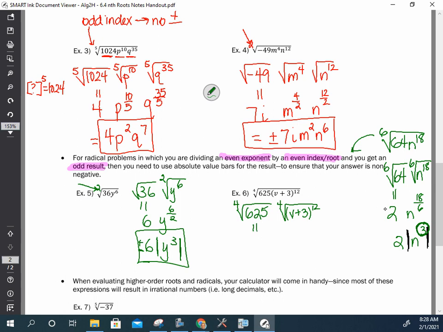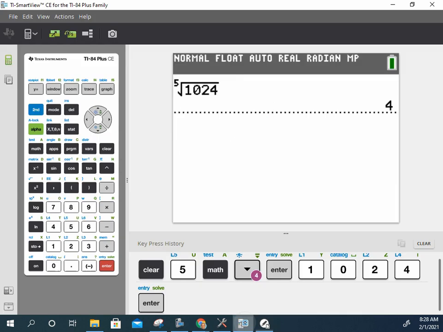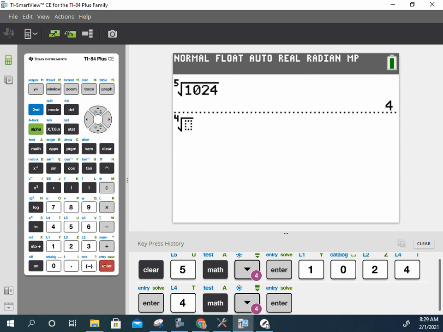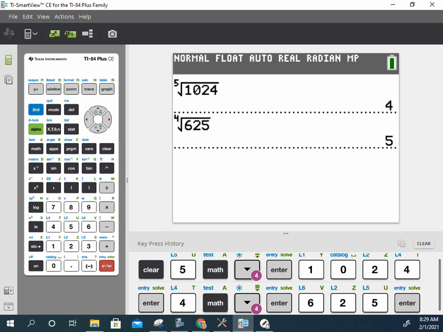Fourth root of 625, another opportunity to use the calculator. Type in the number 4, go to math, go to the fifth button down, type in 625. So we get 5.